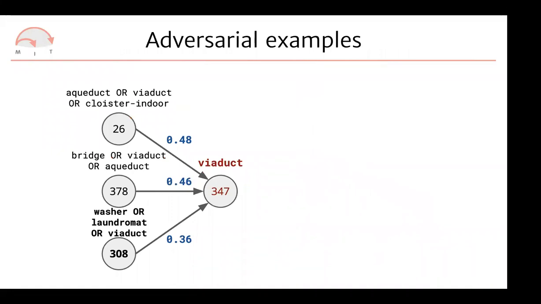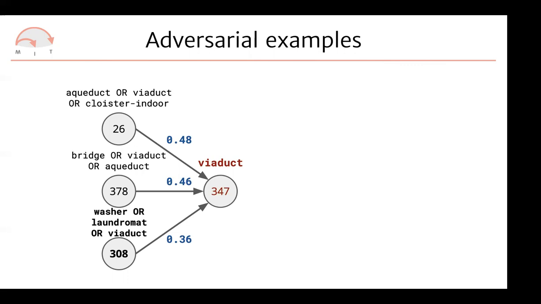And finally, as an example of ways in which we can use these kinds of logical or programmatic explanations to reason about model behavior, here's an example of a little subcircuit inside one of these models at the very last layer. So we're looking on the right-hand side here at the output class viaduct, right? A viaduct is something that conveys cars, like a freeway overpass or a highway or something like that.